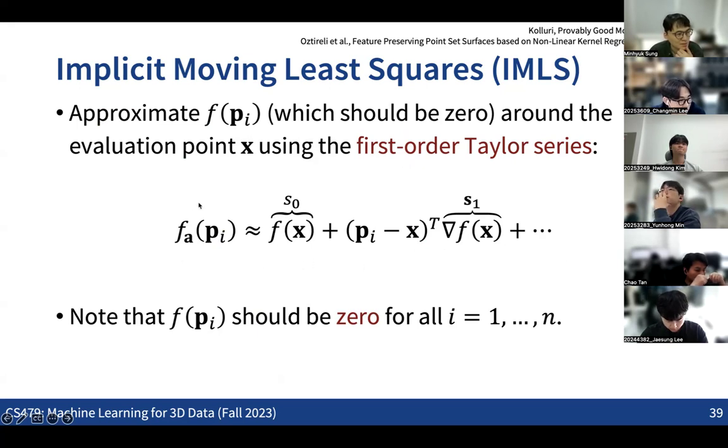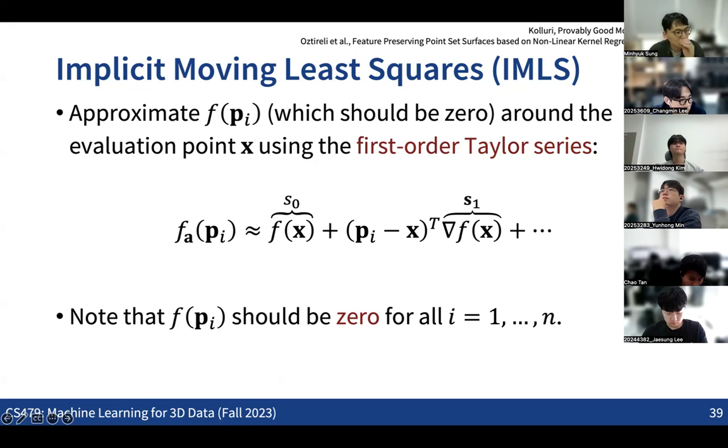This is nothing but the same Taylor expansion, right? But given any query point which is close to one of the points in the point cloud, this is the form of the Taylor expansion, which can be written like this.